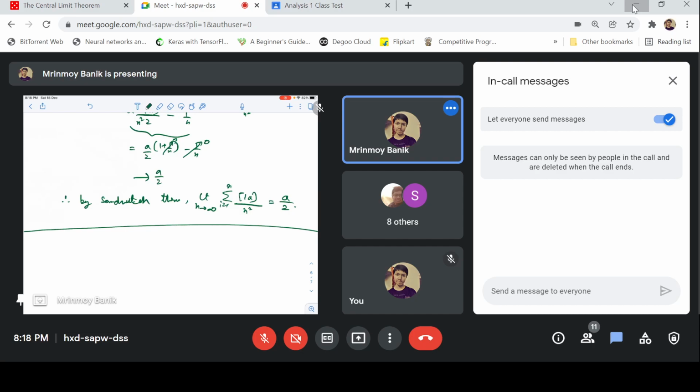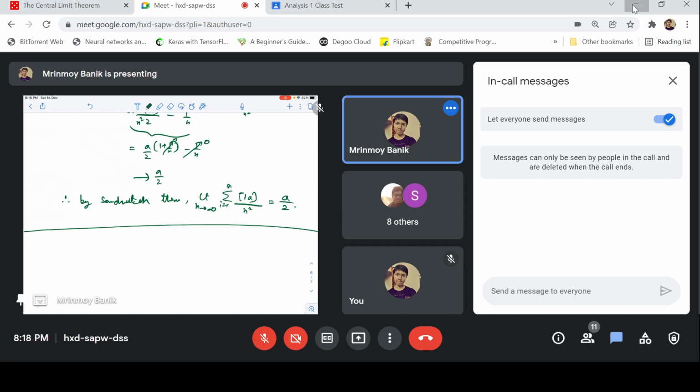So for all n in natural numbers, there exists yn such that mod of yn minus a is less than delta n, but mod of f of yn minus f of a is greater than epsilon, for that fixed epsilon.